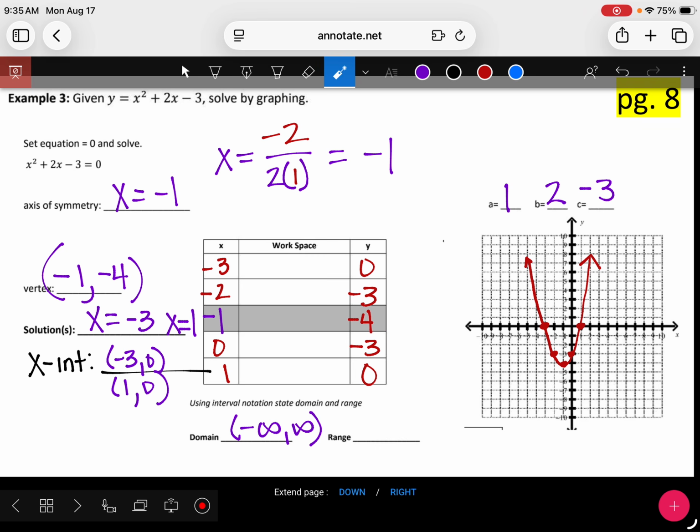If you look here at the number line, this is the lowest y value, and the numbers are getting bigger. So it's -4, and it's going to keep getting bigger. So that means my range will be -4 with a bracket, to infinity, parentheses, sorry.